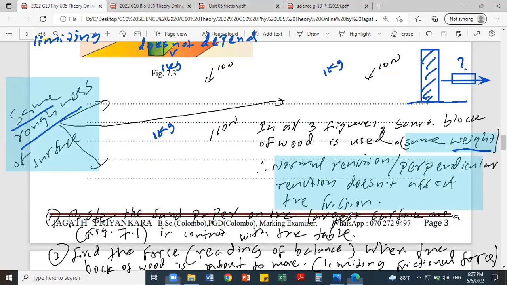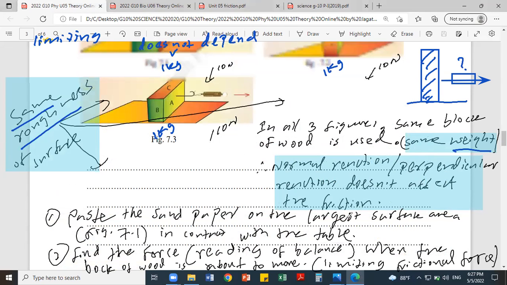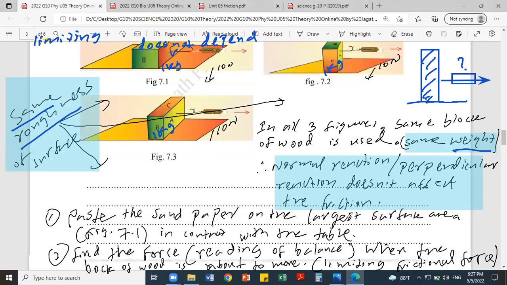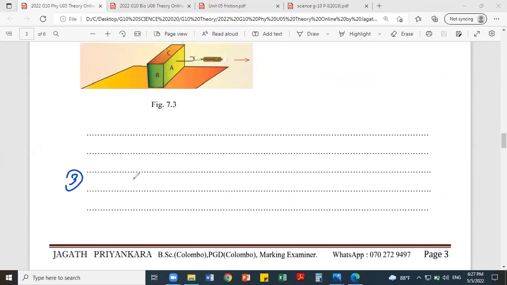Repeat the experiment with different contact area. So we can write the third point. Repeat the procedure. Repeat the step, placing different surface area of the block in contact with the table. Repeat the first step.